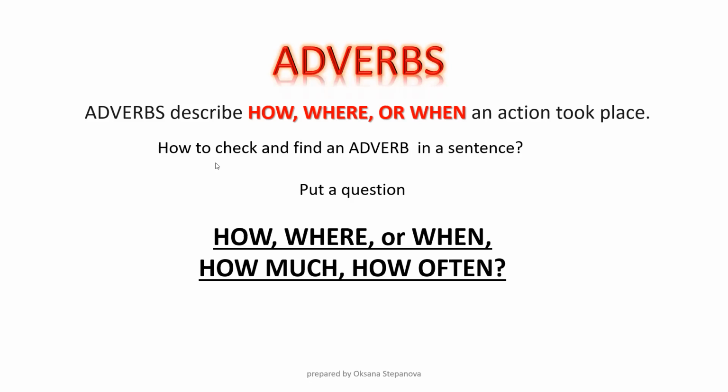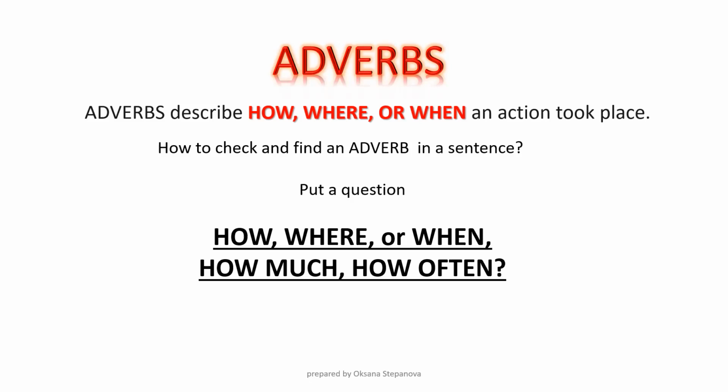Adverbs describe how, where, or when an action took place in a sentence. And if you watch my previous videos, and my students know, I always tell them to put a question to any piece of grammar in a sentence, and find out which part of grammar that is.